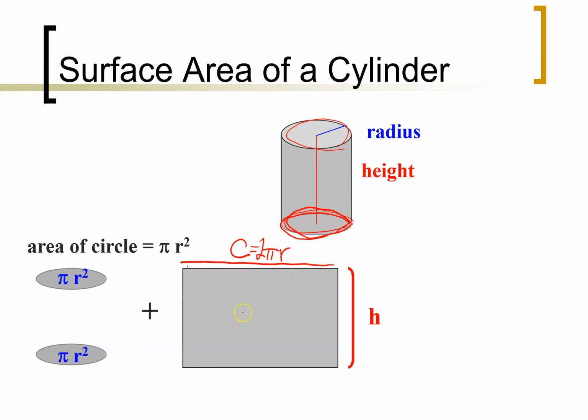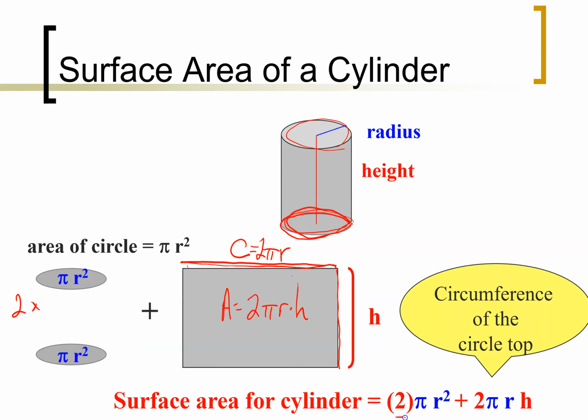And we said that the area of a rectangle was the length times the width. And in terms of the way it's labeled here, that would be 2 pi r times h. So the surface area for a cylinder is 2 of these circles added to 2 pi r h. 2 pi r squared plus 2 pi r h.